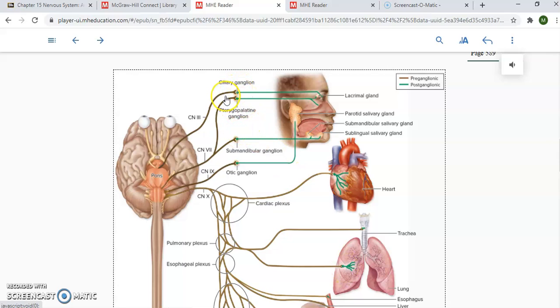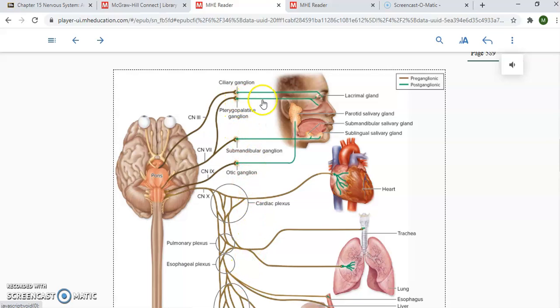Either way, the parasympathetic and the sympathetic motor neurons will have two neurons, and because we have a ganglion, we'll call the first motor neuron, the one leading from the central nervous system, the pre-ganglionic motor neuron. So in this image, I think this is brown in color, all of these are considered pre-ganglionic motor neurons.